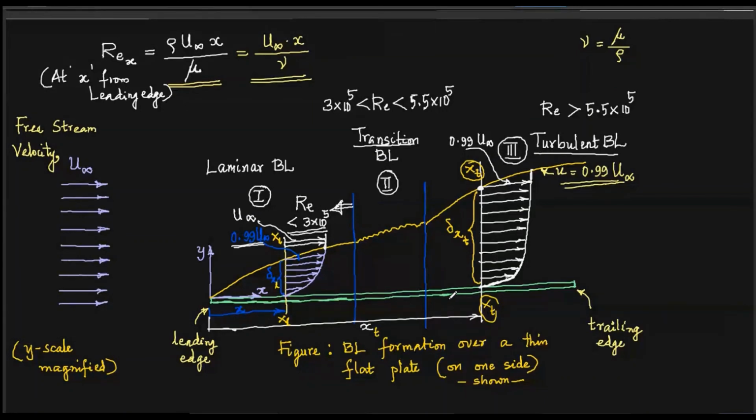But if you consider the temperature aspect, the temperature gradient, another type of boundary layer is formed, called the thermal boundary layer, occurring because of temperature variations. In fluid mechanics, whenever we talk about boundary layer formation because of velocity gradients, that is called the velocity boundary layer or hydrodynamic boundary layer. And the boundary layer formed due to variations in temperature between the surface and the fluid is known as the thermal boundary layer.